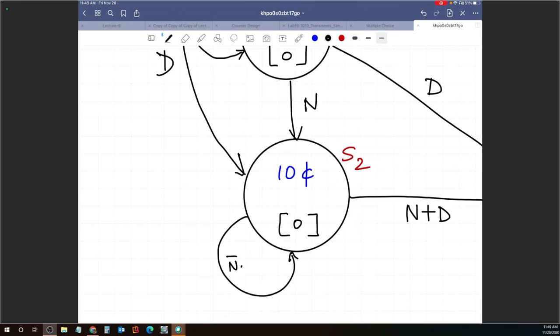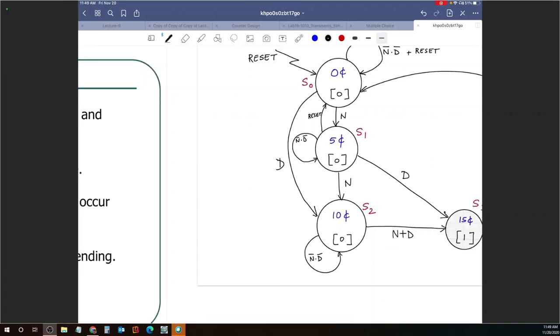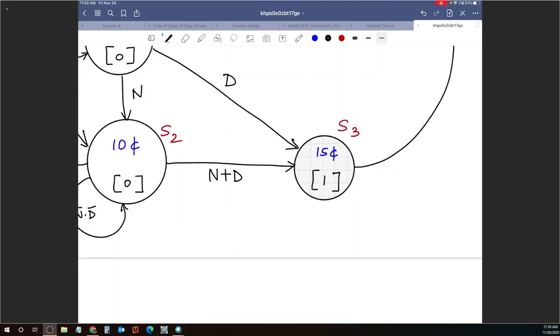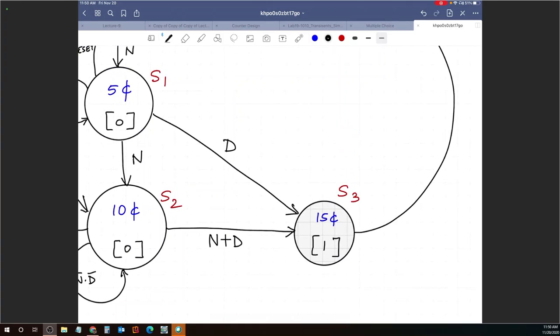No nickel and no dime. Reset goes back. You guys see that? And if you are in state 3, you stay there until you hit a reset. So if you don't hit reset, you will stay there.